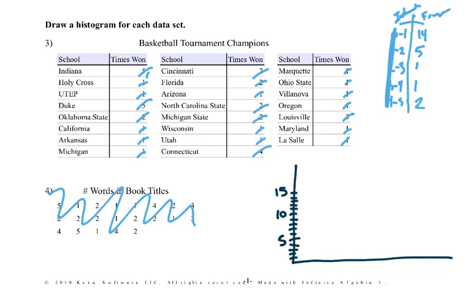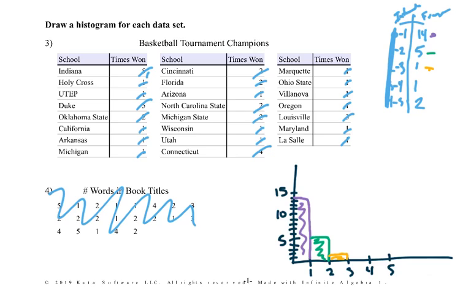Then we make our intervals. So from 0 to 1, 1 to 2, then to 3, 4, and 5. So my first one is in the 1 interval, and then we go up to 14. So I draw my bar right there. It's kind of like a bar graph. Then my next interval, there's 5. Then my next one is 1.